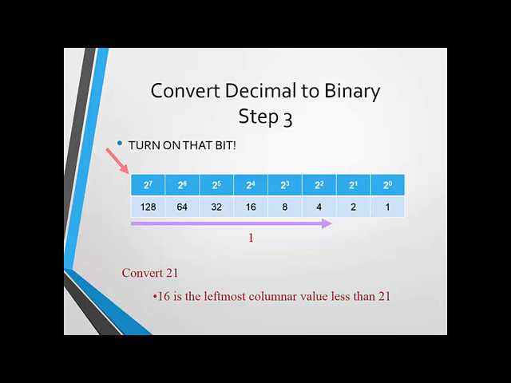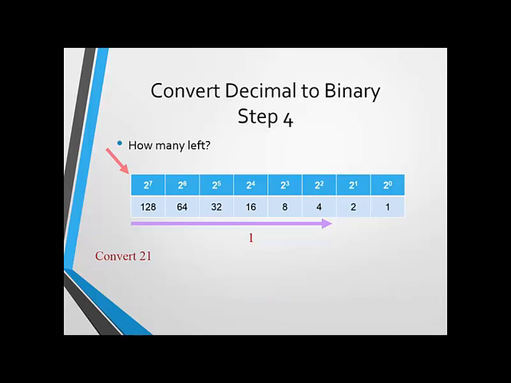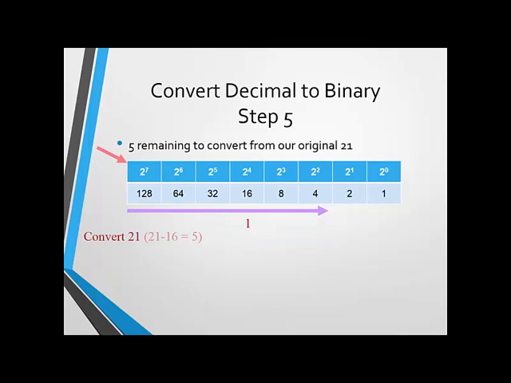Now I need to continue on my conversion. So I have allocated 16 of our 21. So I have 21 minus 16, or 5, remaining to convert from our original 21.